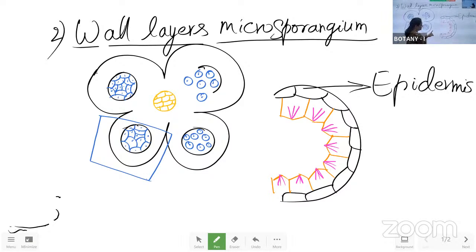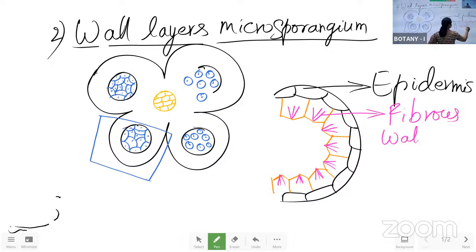Okay, so this is the endothelium, second wall layer. Now the second side heading in this one is the endothelial cells. These endothelial cells will have these pink colored growths present. These are not growths actually, these are the fibrous like wall thickenings. Fibrous wall thickenings.